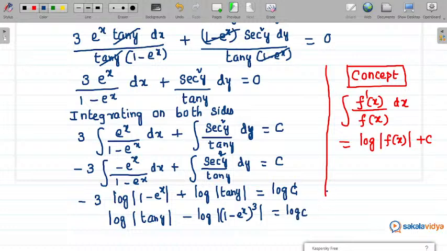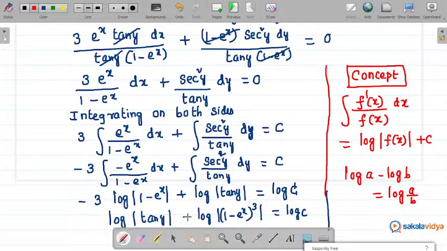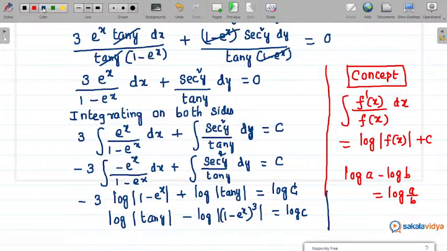We have one more concept in logarithms: log a minus log b is equal to log of a by b. So we can write the logarithm of tan y upon 1 minus e power x whole cube equal to log c.